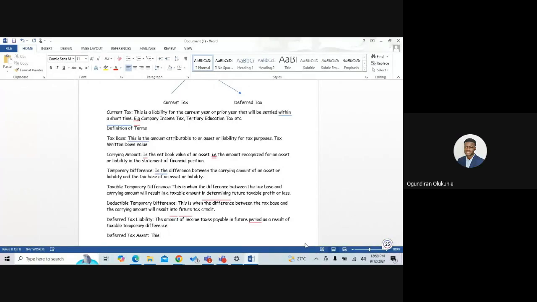So this is the amount that is recoverable in the future as a result of the deductible temporary difference.